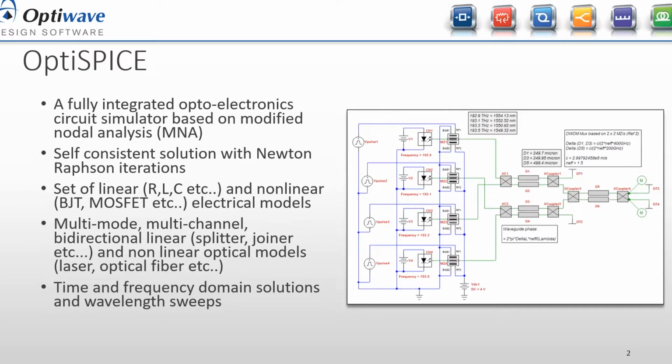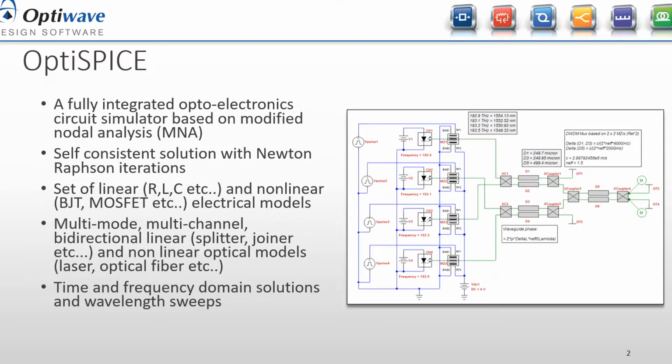The optical devices, again, range from linear to nonlinear. We have multi-mode, multi-channel devices. All the devices support this mode of operation. For linear devices, you could have splitters, joiners, S-parameter models. For nonlinear models, we have lasers, optical fibers, and other devices you can think of.